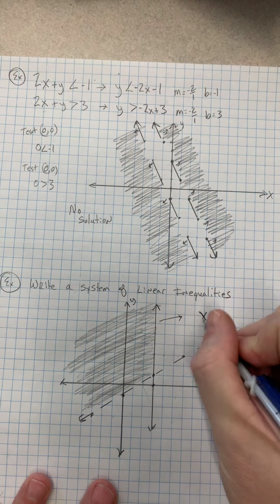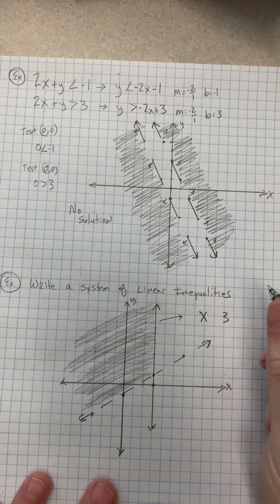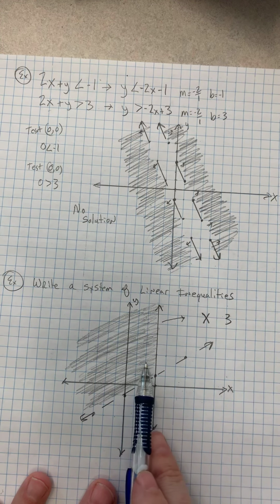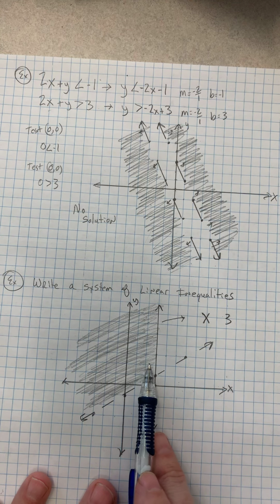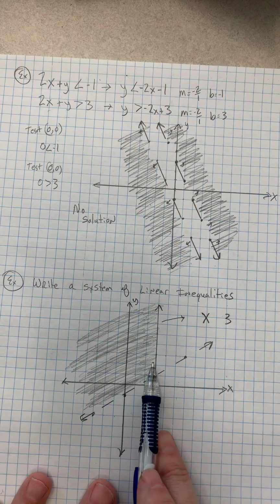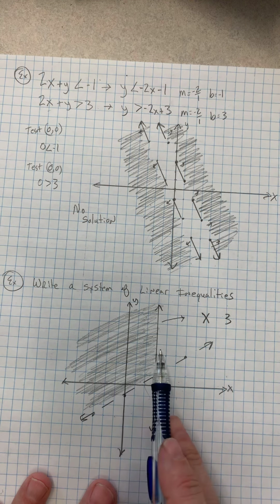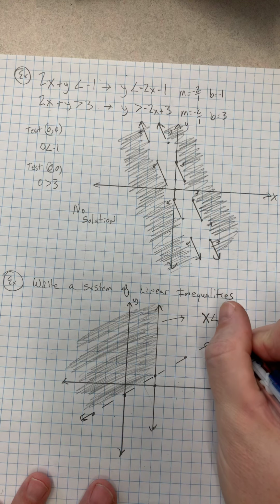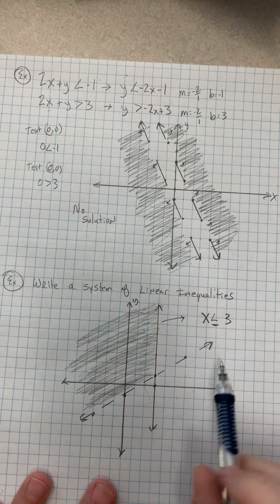So I have my x, and I know it's 3. What sort of x's am I concerned with? Well, what sort of x's are to the left of this line? X's that are getting smaller. We want x's that are less than or equal to 3.